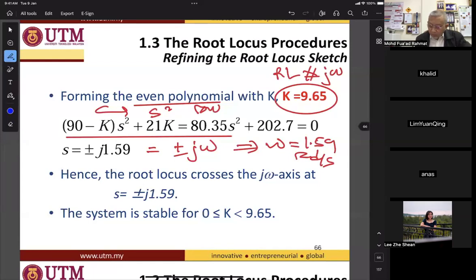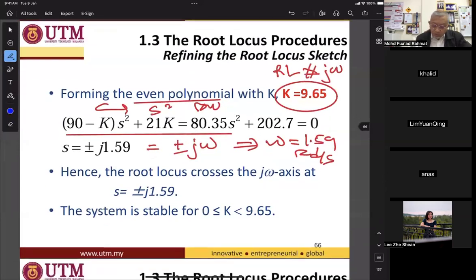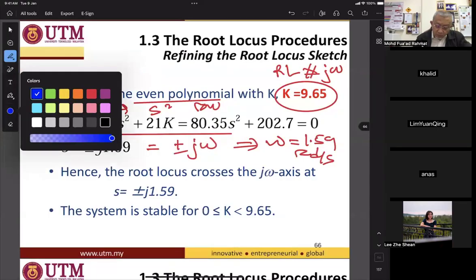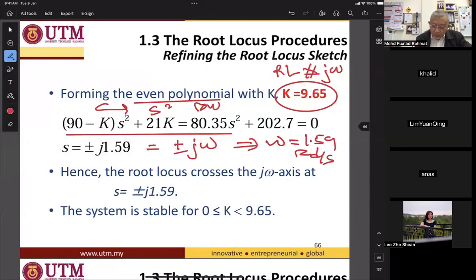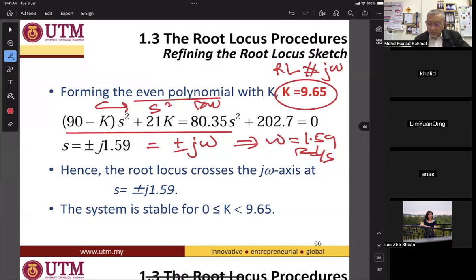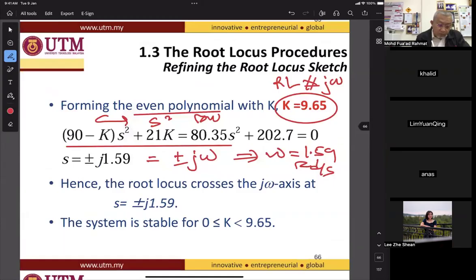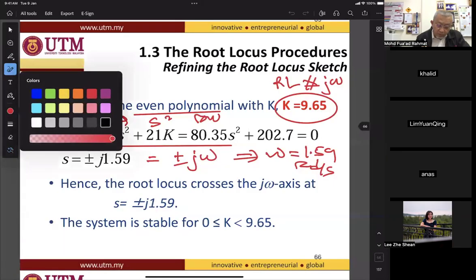So when we have this stability range, the most important thing is, do you understand this range? Okay. Do you understand this range? Yeah, I do. No, I don't. Okay.